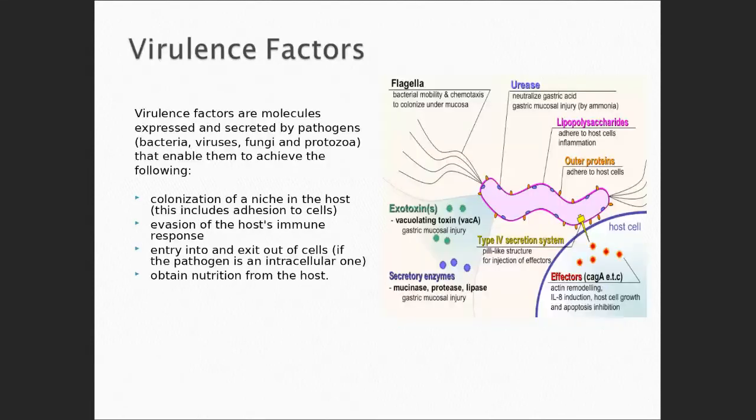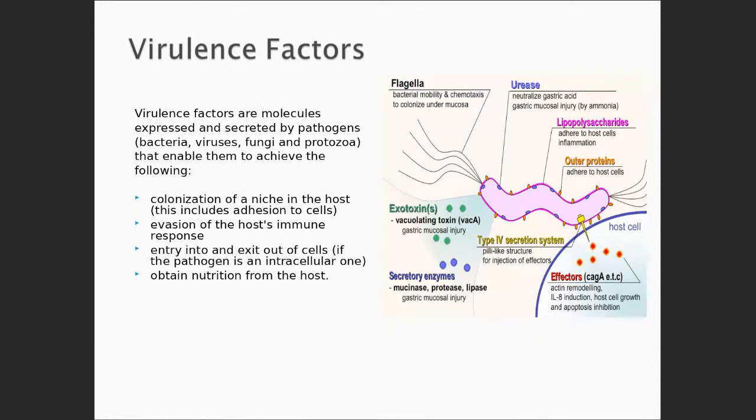Virulence factors are things that will allow these organisms to colonize an area of our bodies, evade the immune system, allow them easy entry and exit of our body, and allow the organisms to obtain nutrients from us. So again, these characteristics of virulence factors play into the idea of the infectious process.